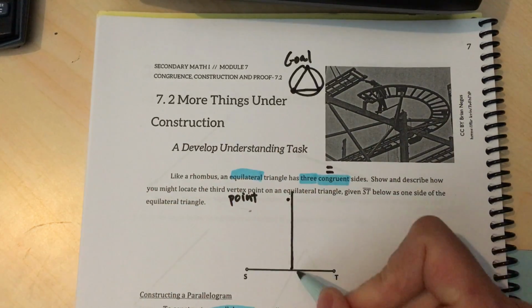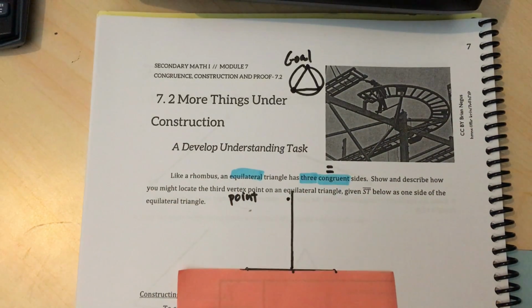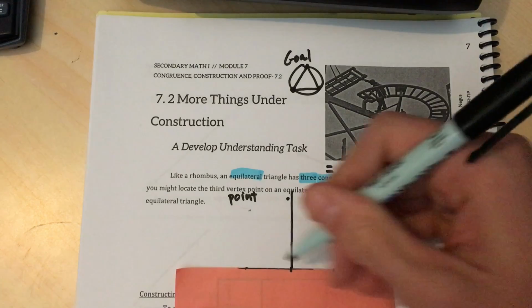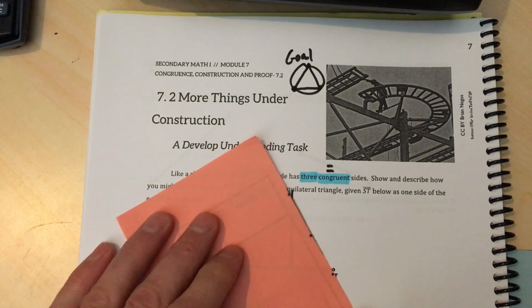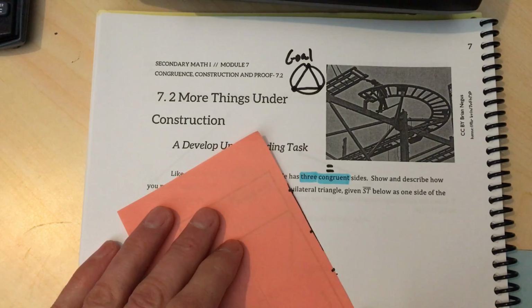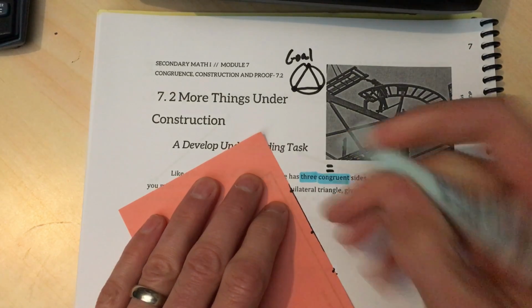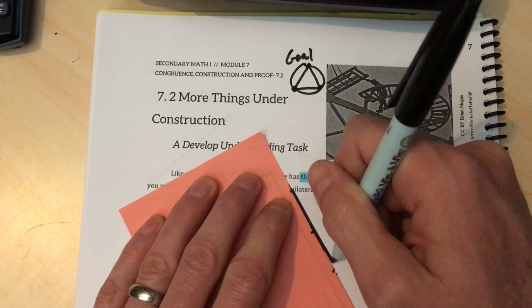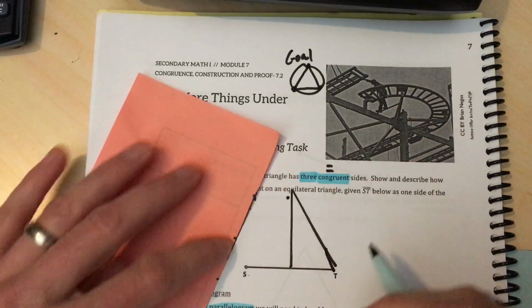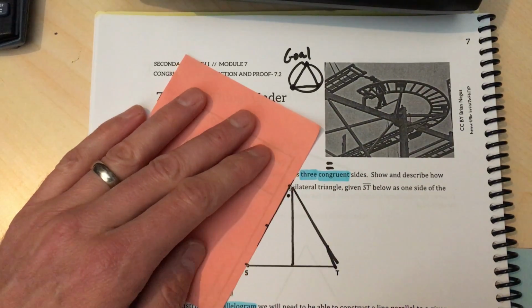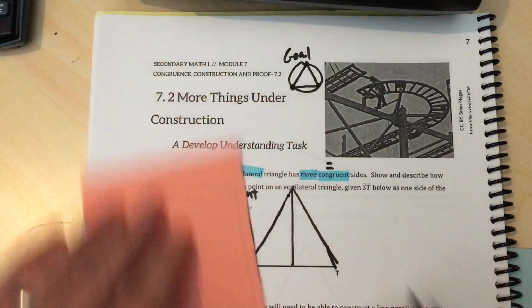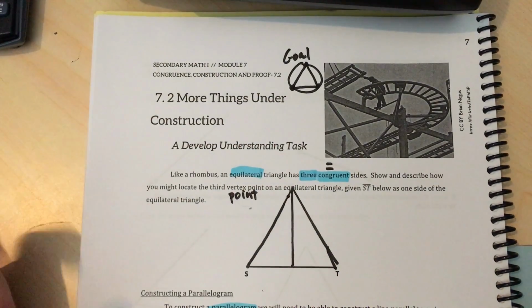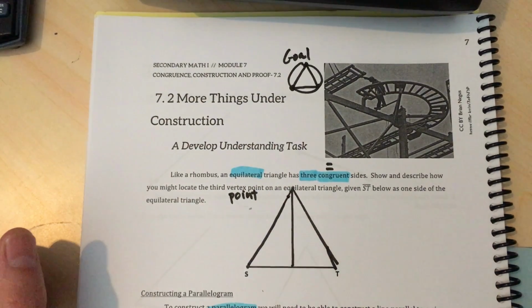Okay, so we know it's perpendicular, so it's going to end up in the middle. And we have our 2 dots here, and we're going to connect it right there. Okay, so there's one side, and there's the other. Okay, so we have an equilateral triangle. All sides are congruent to each other.